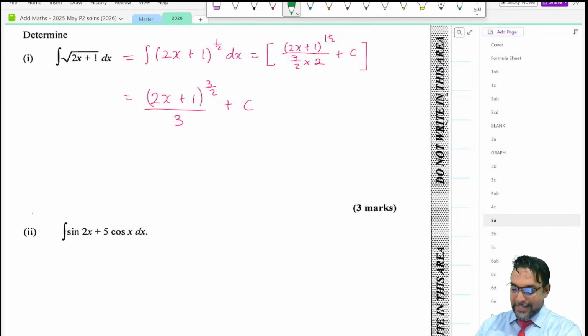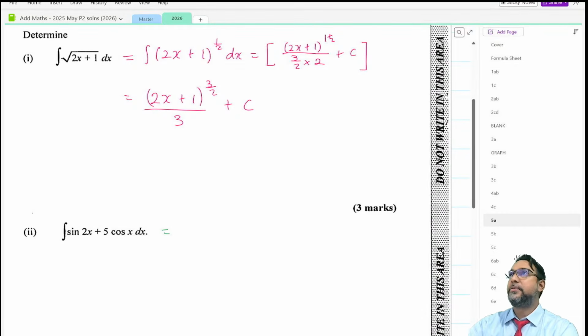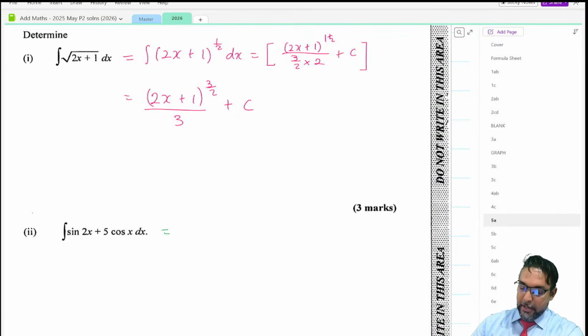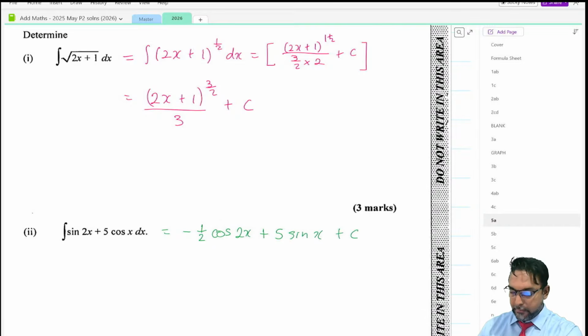The integral of sin 2x. Okay, so the integral of sin(ax+b) is minus 1 over a cos(ax+b). So what we would get here is minus a half cos 2x plus 5 sin x plus c.